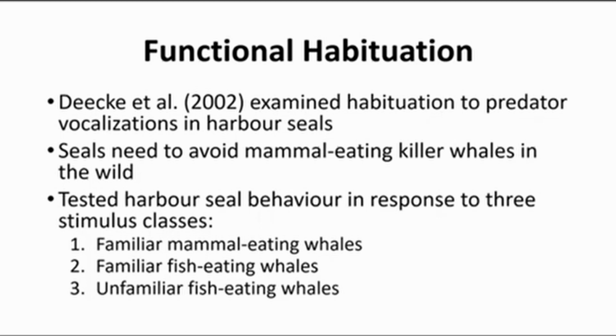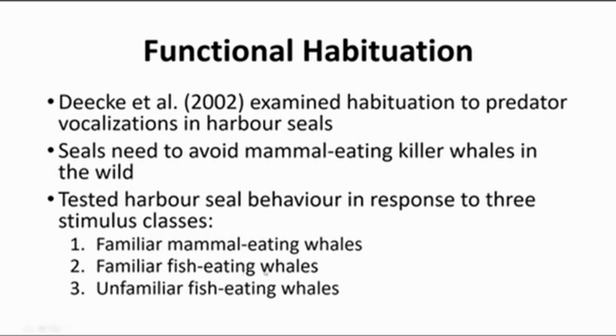So part 2 is, okay, if they react in that way to known predators, how do they react to other species? Our 2 other types of vocalizations they played were either familiar fish-eating whales. Familiar just meaning that they're not new, they're something that they've heard before. Fish-eating meaning that they're not eating mammals like seals. So these are non-threatening whales.